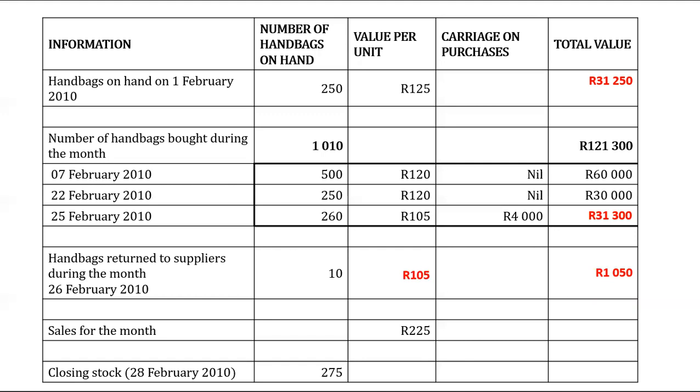Now, here's the thing, you were not given sales here. Question is, how do you calculate sales? You will, however, be given the value of your closing stock. So to calculate sales, you will simply take your opening, which is 250. You add it with your purchases, which is 1,010, you minus your returns.